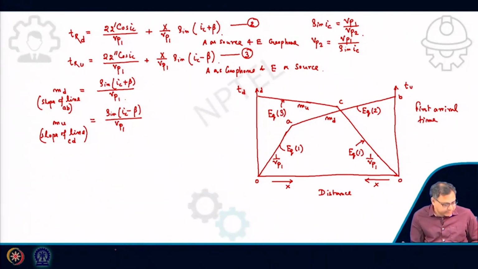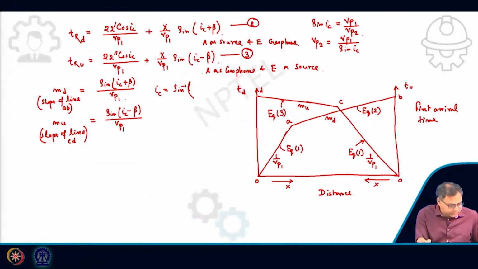Okay. So, I can write from this that IC will be equal to sin inverse of MD into Vp1, minus beta, and from here I can write IC will be equal to sin inverse of mu Vp1, plus beta.